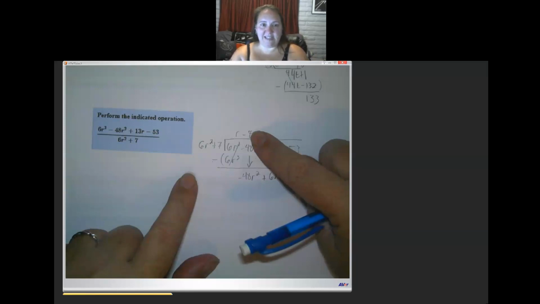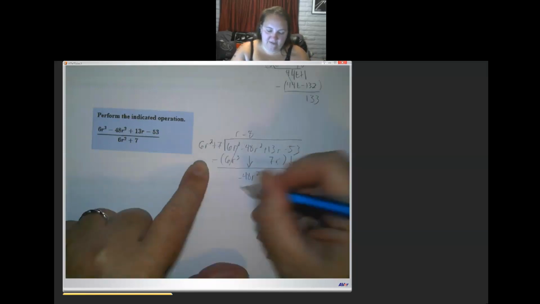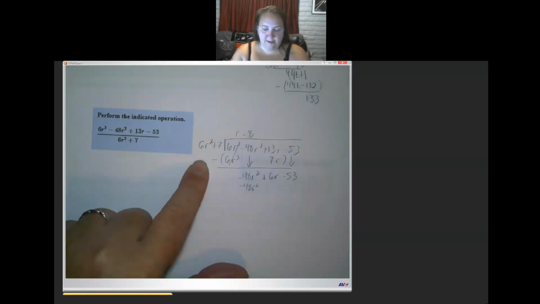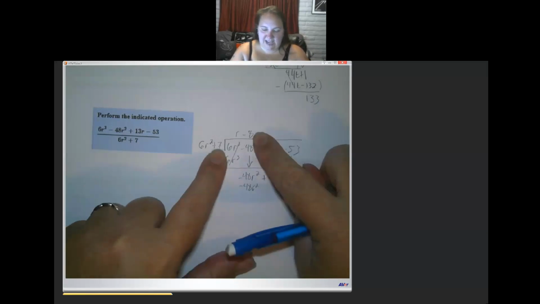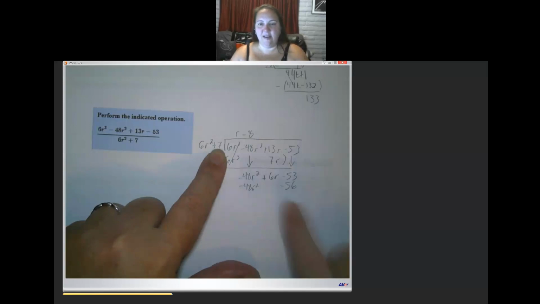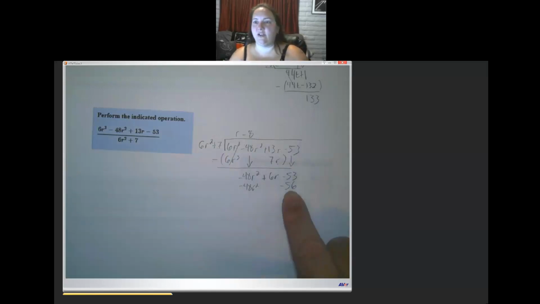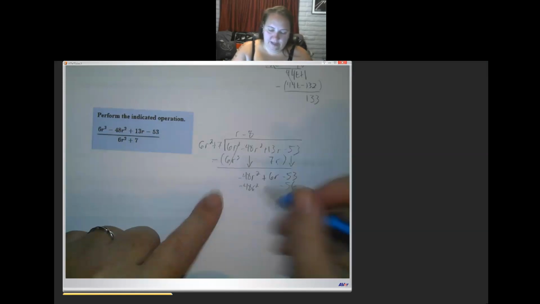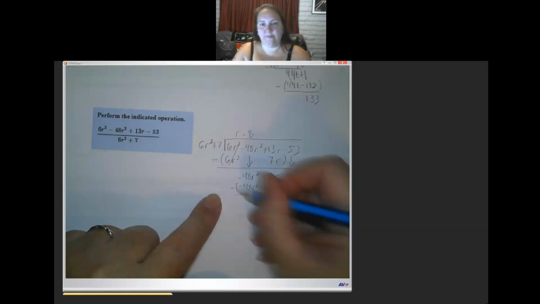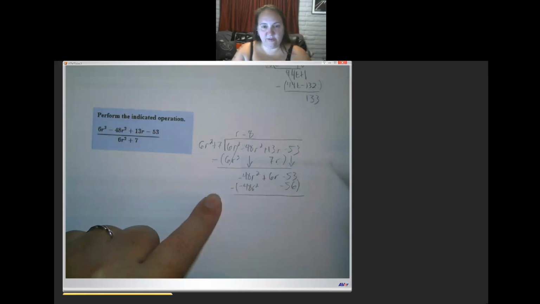So negative 8 times 6r squared is a negative 48r squared. Negative 8 times 7 is a negative 56. And again, I'm going to move that over so that it's with the other constant term. Then I'm going to subtract. These are going to cancel.